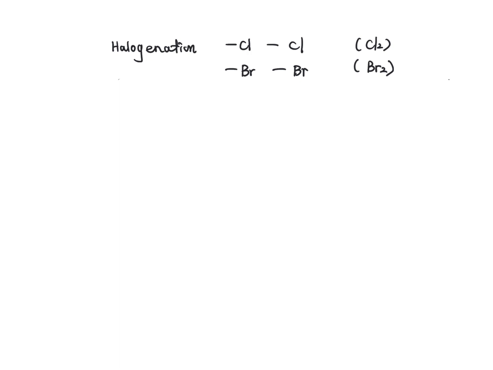So these are 2 commonly used halogenation reagents. Where have we seen this before? Petroleum can give you ethene. And for ethene, if you react with chlorine, you will get the addition reaction product, which is a dichloride.